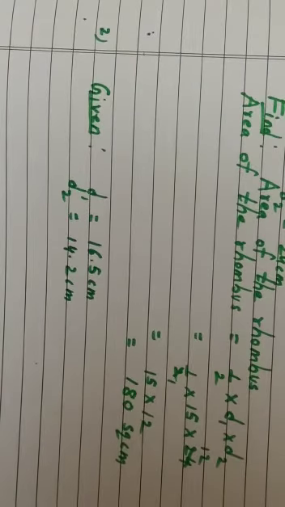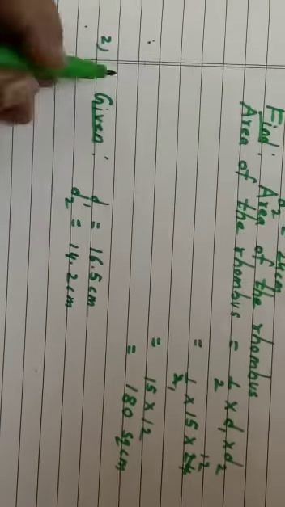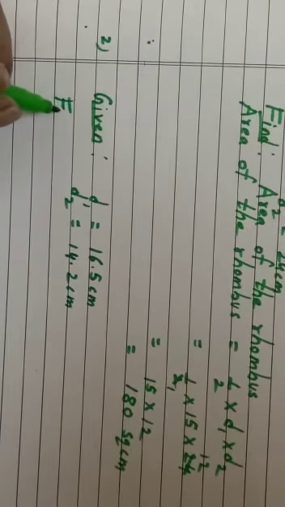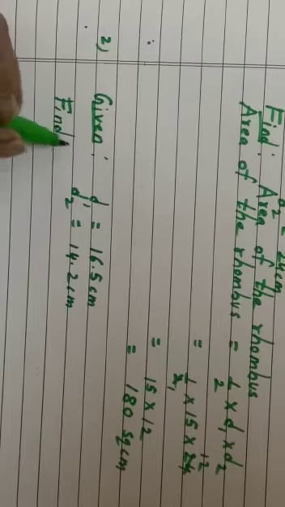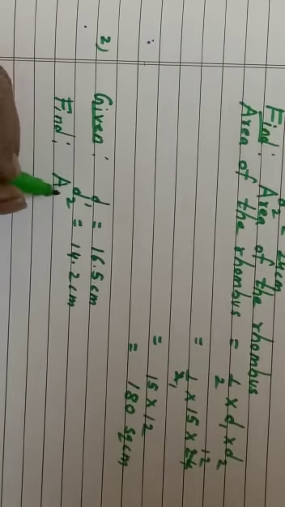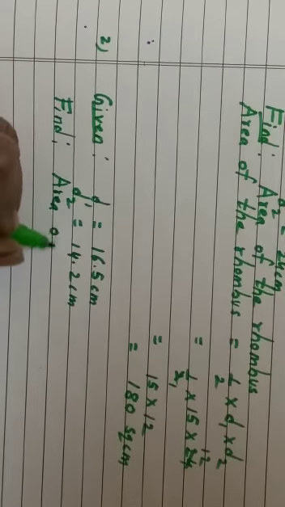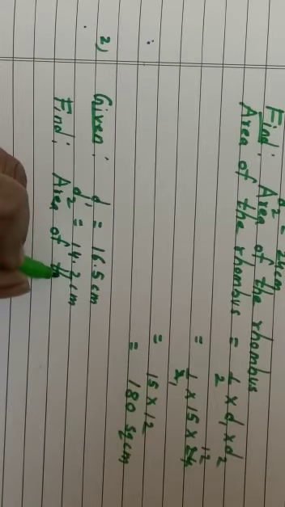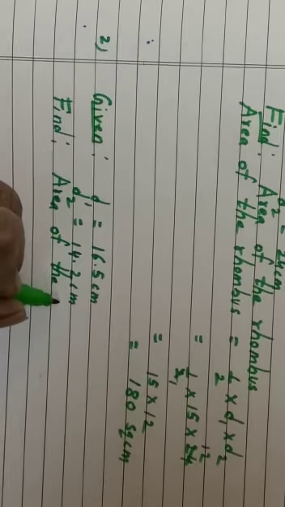Now again we will write the formula. First we will write: find the area of the rhombus.